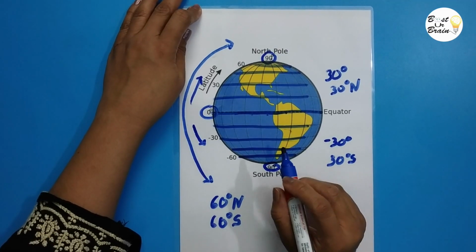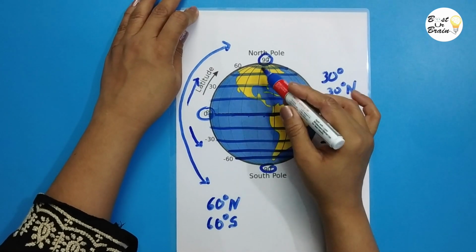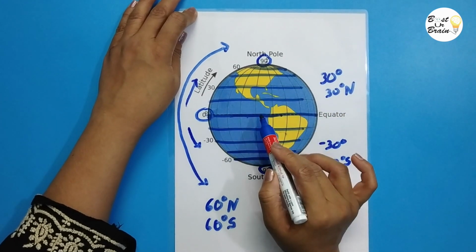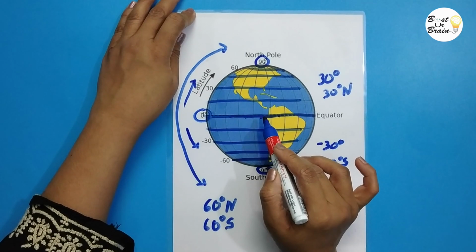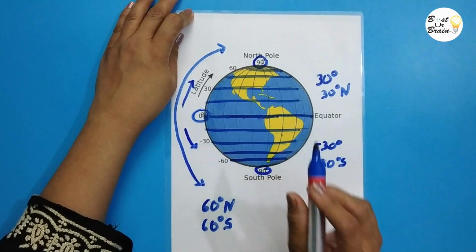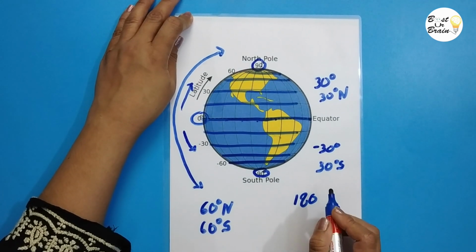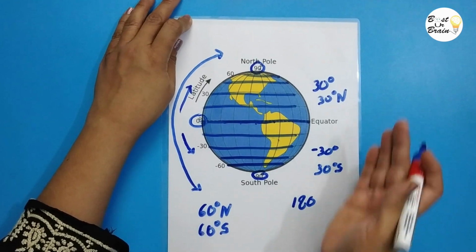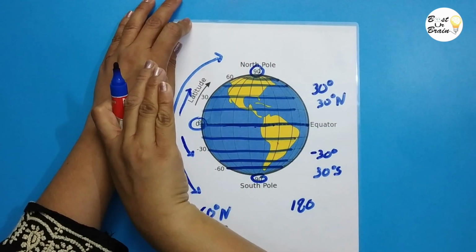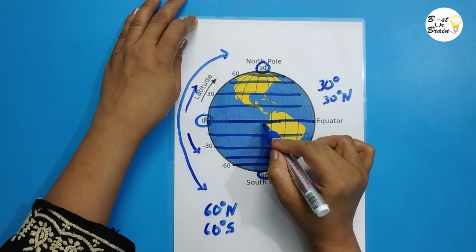Latitude is the measurement of distance north or south of the equator. It is measured with 180 imaginary lines that form circles around the earth east to west, parallel to the equator.